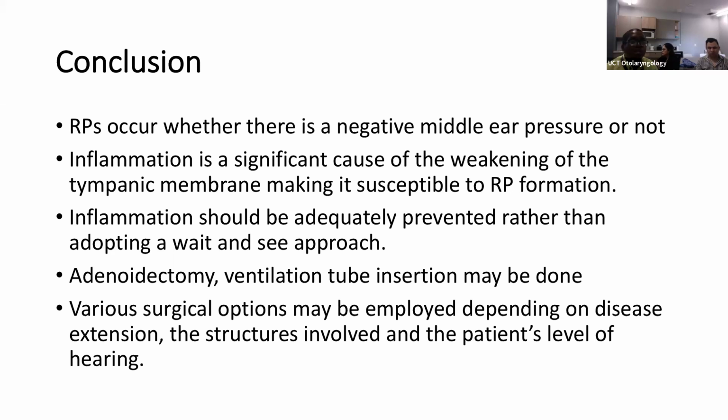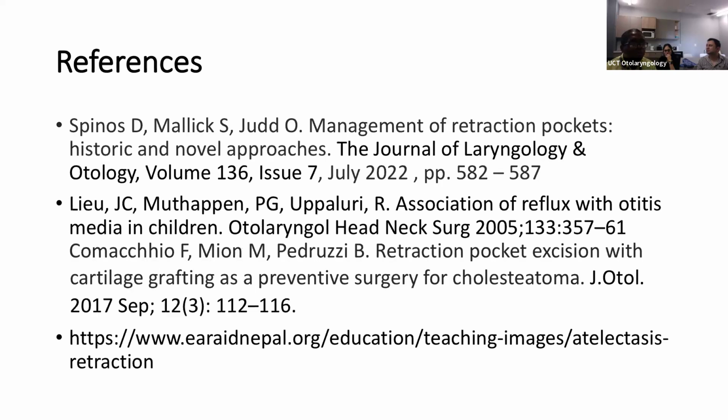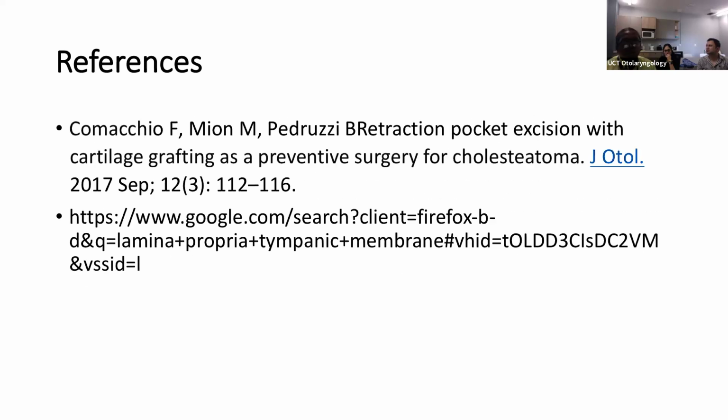If we need to do an adenoidectomy, ventilation tube insertion or something like that, we do it. And then various surgical options may be employed depending on the disease extension, the structures involved, and the patient's level of hearing. So these have been my references, with Scott Brown being the main one and other studies.